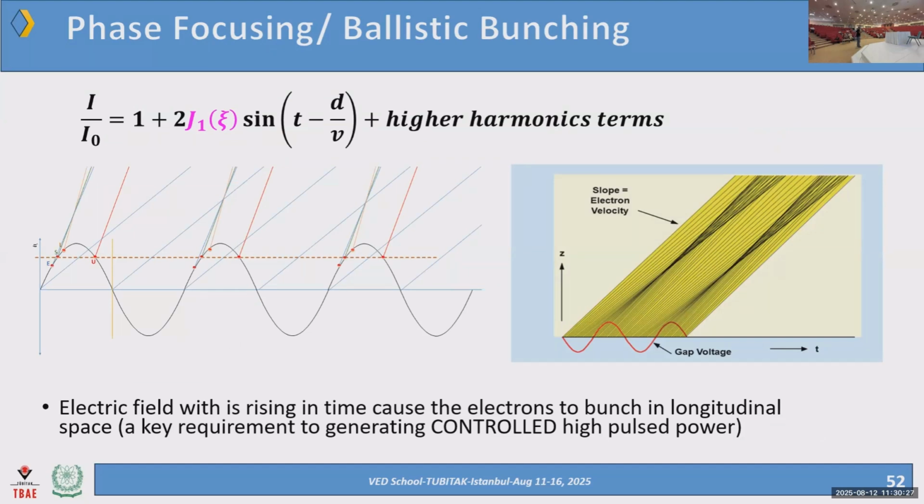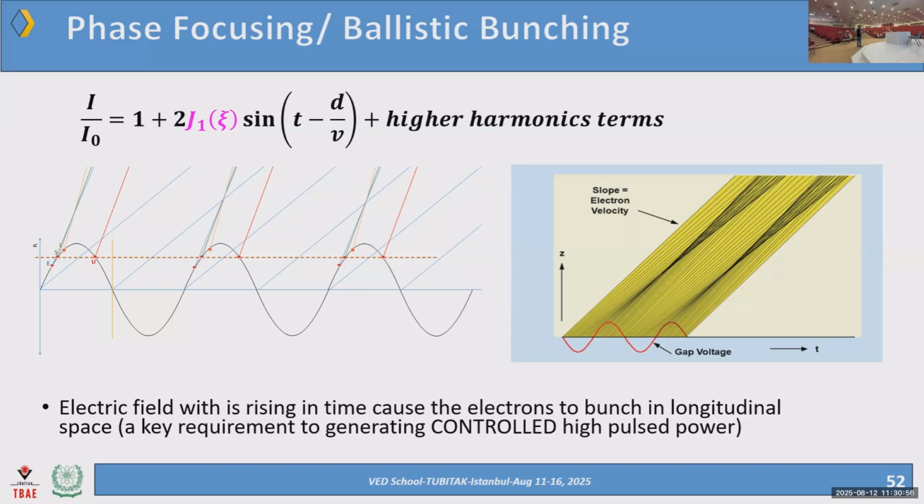I'm sorry, this is maybe not very obvious, but you can always have the presentation. The cartoon makes sense. The synchronous particle, the particle presented at the zero crossing, will have a constant slope, the bluish one. The ones which appear early will have lesser energy. The slope will be smaller.